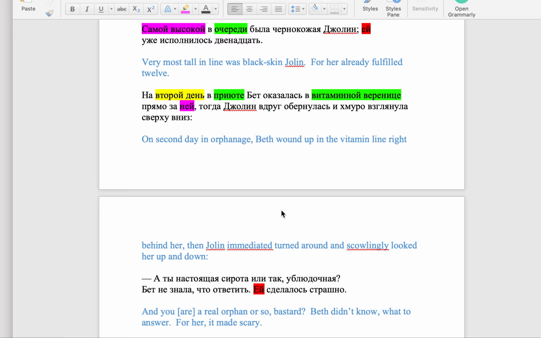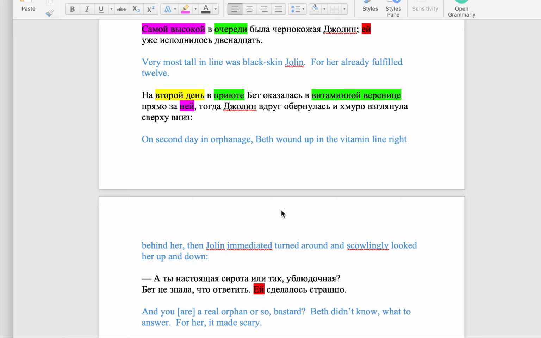Now, verenice, that means like a string. So I believe the word here is probably verenica, but because the endings would be turned into the prepositional endings, you would have oy at the end of the adjective and ye at the end of the noun.